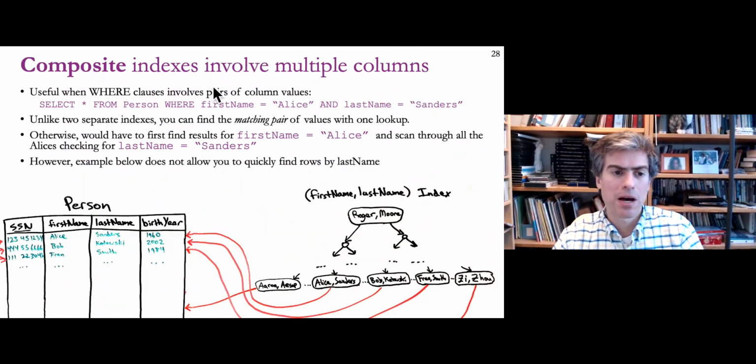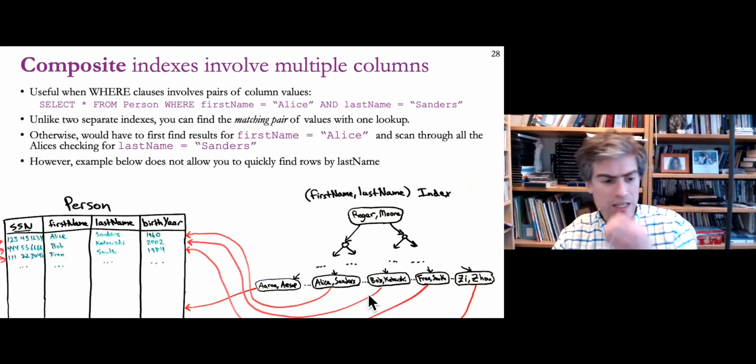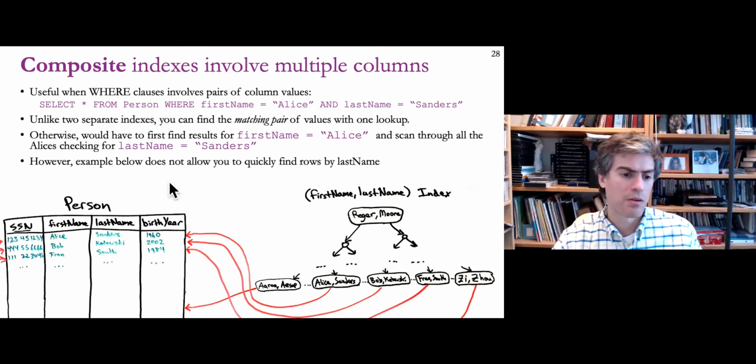You also can have composite indexes that involve multiple columns. I guess this is maybe getting into more detail than you need to know at this point. But for example, if you have a query like select star from person where first name equals Alice and last name equals Sanders, we want to get the person that matches both of these things at the same time.